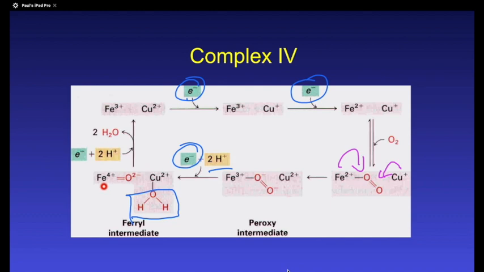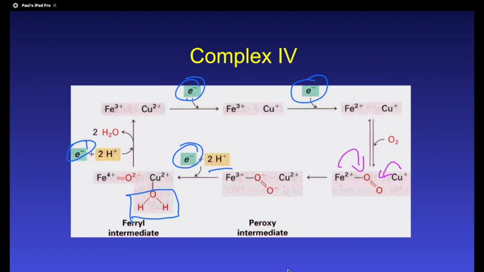No, this is a very, very unstable oxidation state. We haven't really seen iron in a +4 state, double bonded to an oxygen that has a -2 state. Very, very not happy. So what do we do? We throw in one more electron. When we throw in that extra electron and another pair of protons, we form the second water, and both waters leave to produce the beginning state of complex 4.